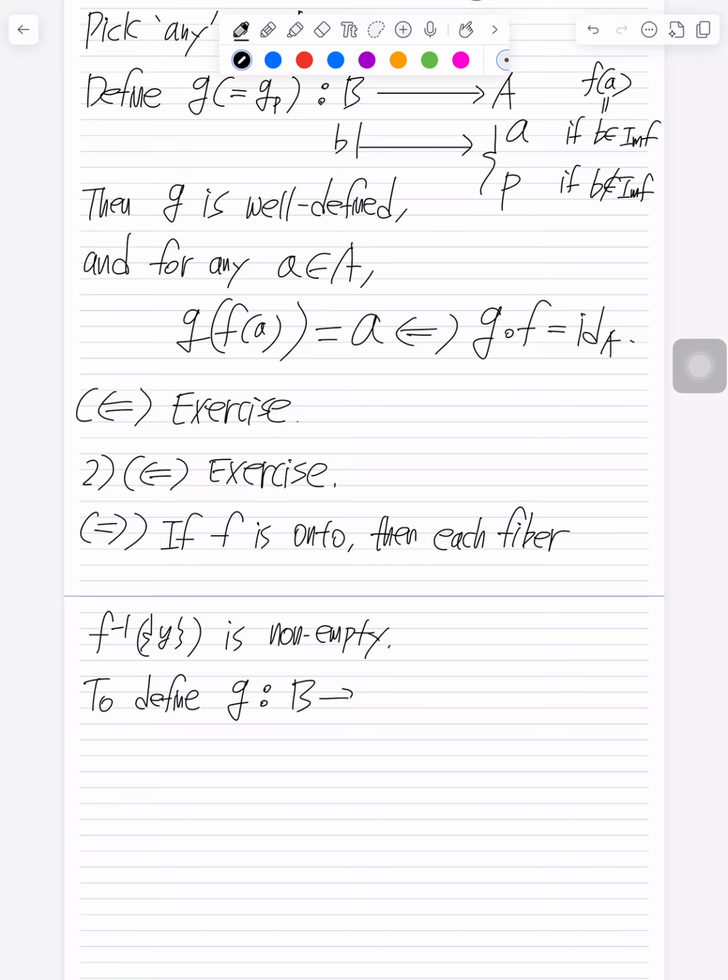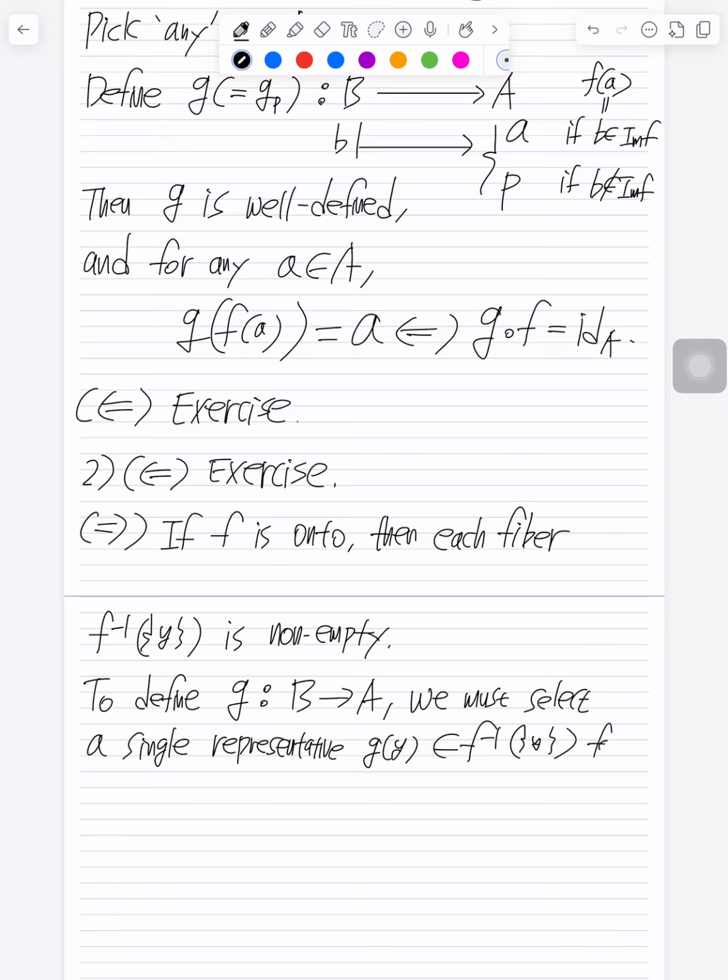So to define a function g from B to A, we must choose a single representative g of y for each fiber, for every y, ensuring g of y first and then mapped via the function f should be y.